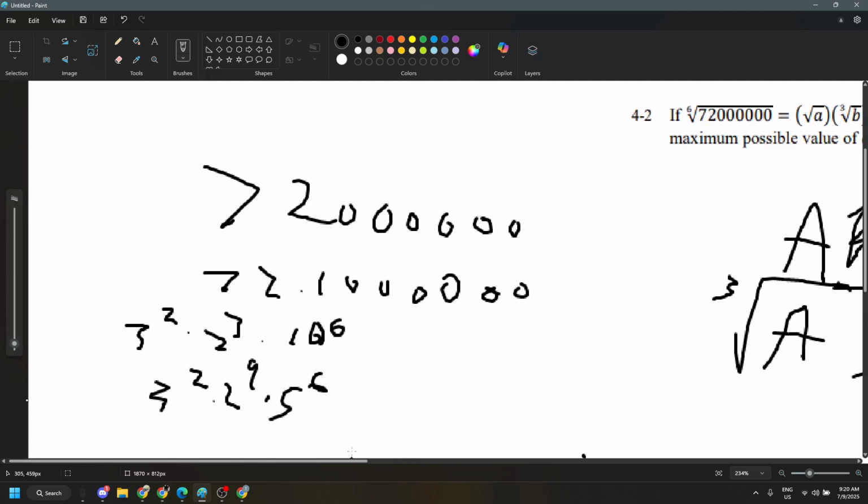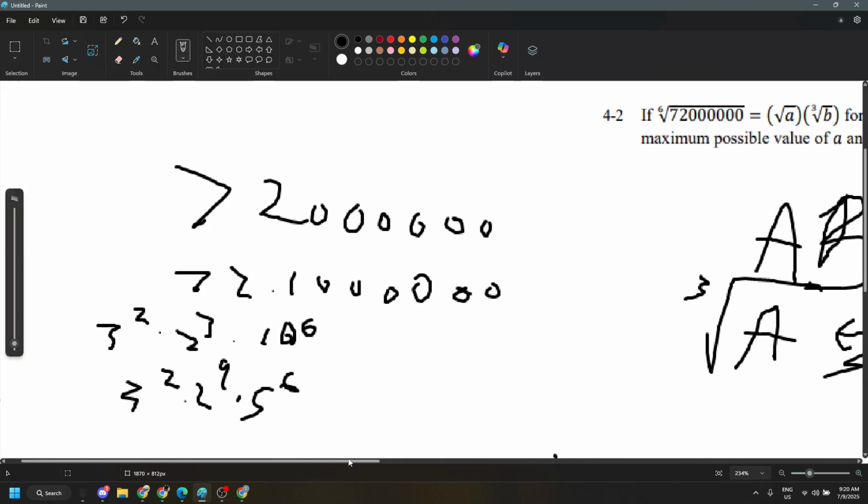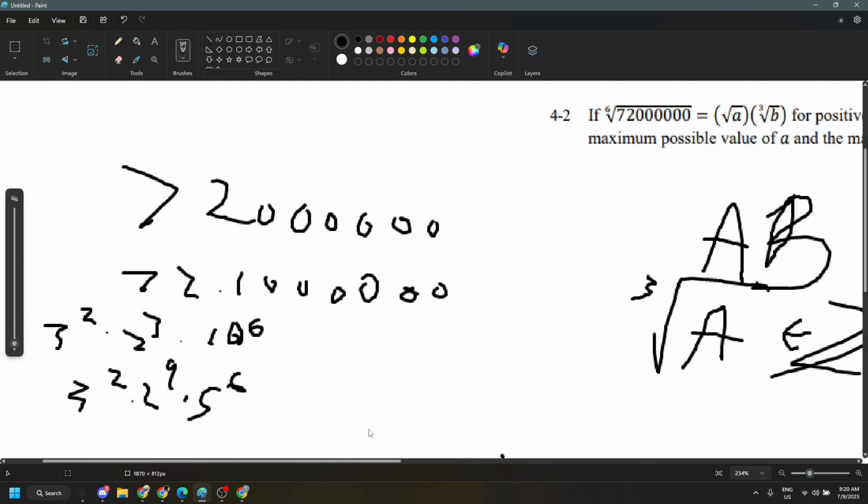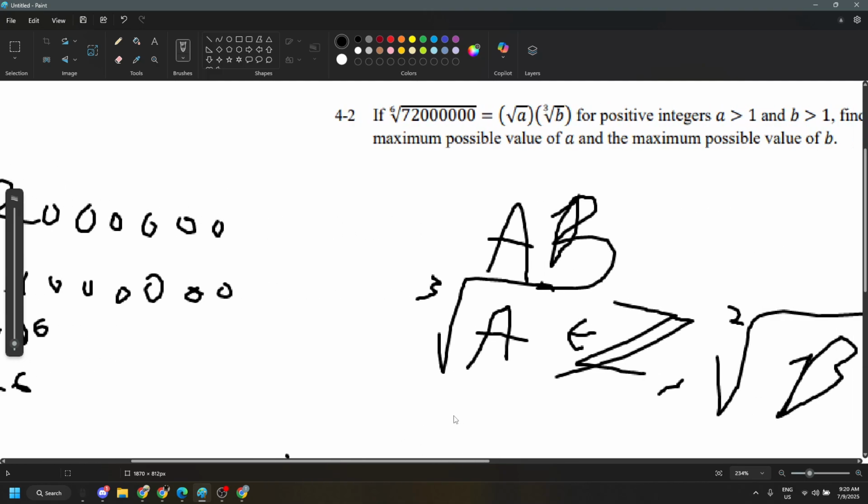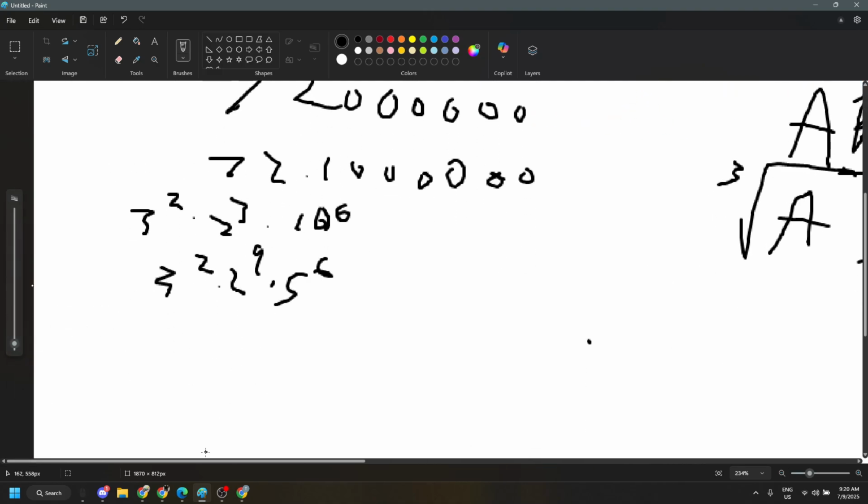Yeah, we need a cube and a square number. If you multiply two cube numbers, of course, that's a cube, right? So we have 3 squared, which has to be in the square factor.